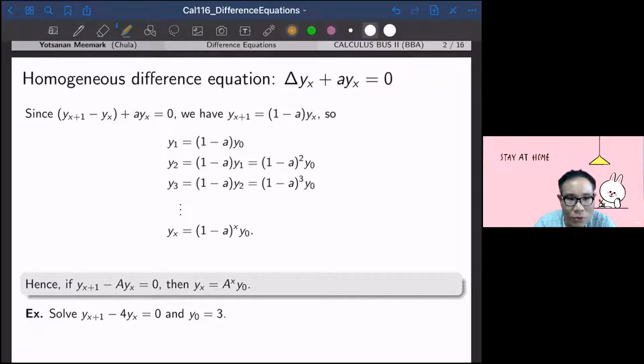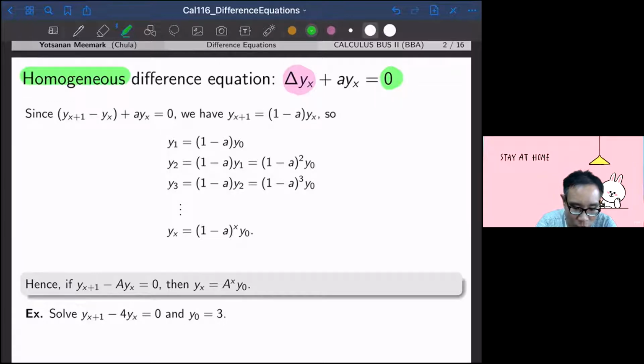The first one that we're going to study is the homogeneous difference equation. The homogeneous difference equation is the equation involving delta y_x plus a y_x, where on the other side the function g_x is equal to 0. In this case it's called homogeneous. Homogeneous means that you have the function g_x equal to 0.